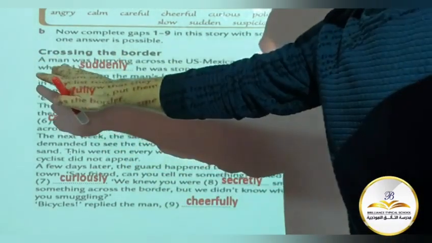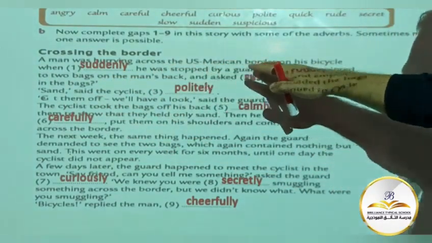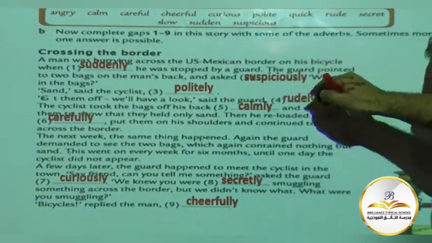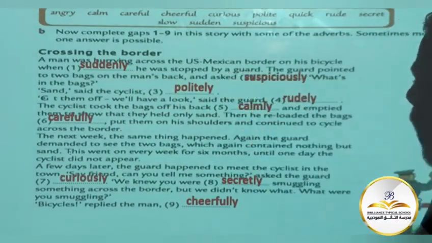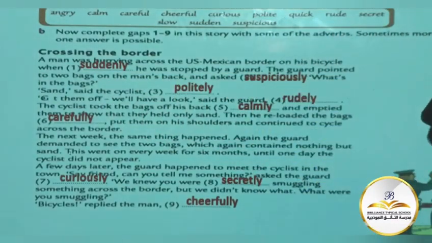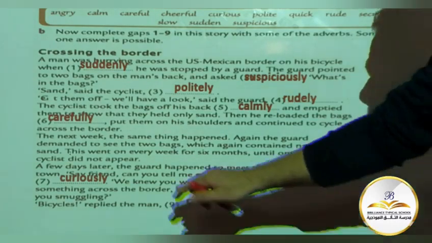A man was hurrying across the US-Mexican border on his bicycle when suddenly he was stopped by a guard. The guard pointed to two bags on the man's back and asked suspiciously, "What's in the bags?" "Sand," said the cyclist politely. "Get them off.